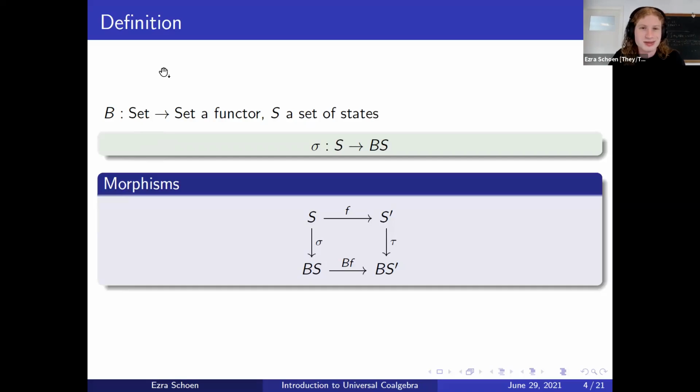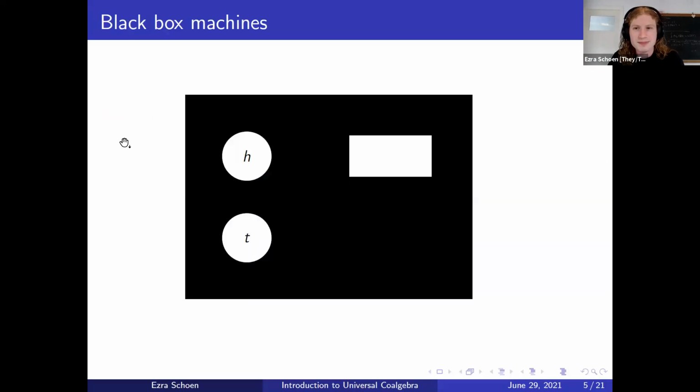Okay, so this is quite a general definition. Let's look at some particular examples and get a feeling of how they work. This is an example which I find fun. It's black box machines, and there are actually several different kinds of things that are called black box machines. The ones that I'm looking at here are like a big black box, and they have two buttons.